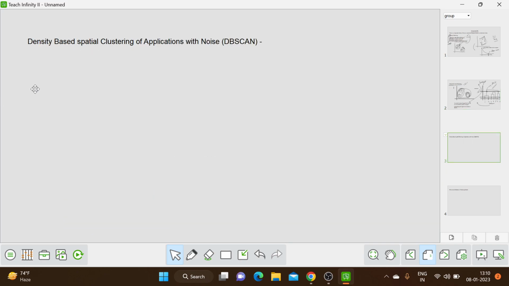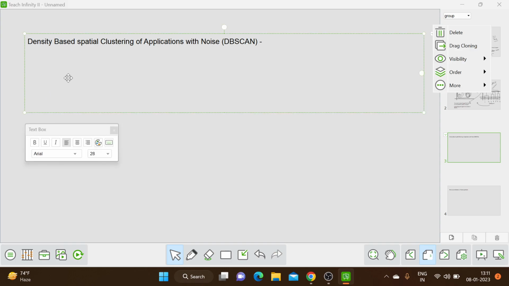Next method is density-based spatial clustering of applications with noise, DBSCAN clustering. DBSCAN clustering is a very big concept, and if we want to apply some cluster models in any algorithm, we always use the DBSCAN method because it is the best clustering model which gives the highest accuracy.